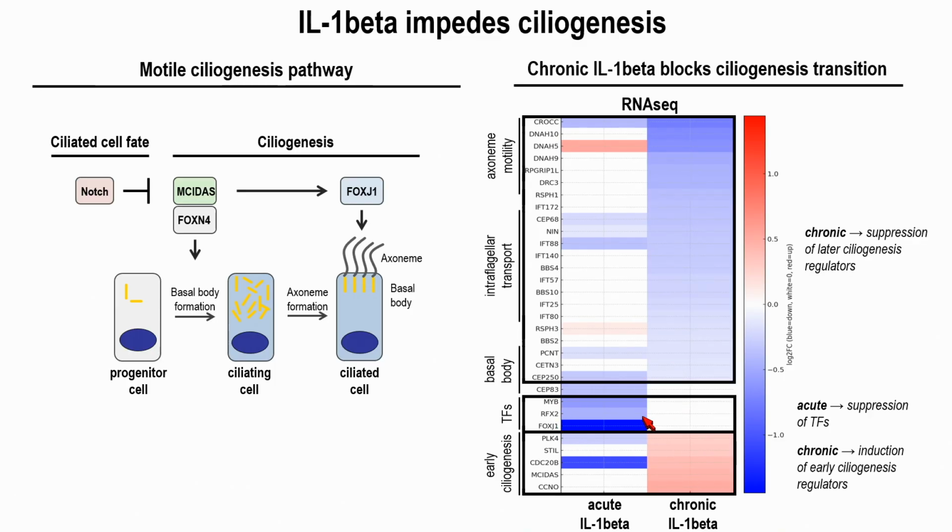In the chronic time point, we see a suppression of later ciliogenesis regulators, so not being able to fully form a mature ciliated cell, but we do see an induction of early ciliogenesis regulators, so they are trying to commit to the fate but are unable to reach full maturity of a ciliated cell. So the chronic IL-1 beta is blocking this transition in ciliogenesis.